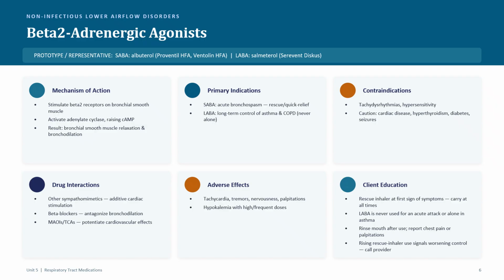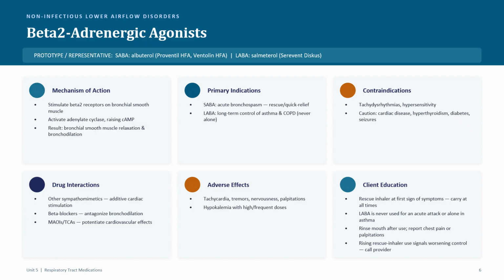So the short-acting, the albuterol, that works by immediately opening up the airway. So those are the ones that you're going to use when your patient is having an acute asthma attack. And so the LABAs are the long acting, and those are the maintenance medications. That's what's going to help keep the airway widened over time.